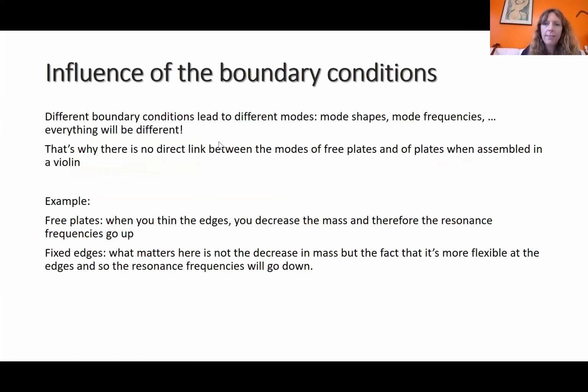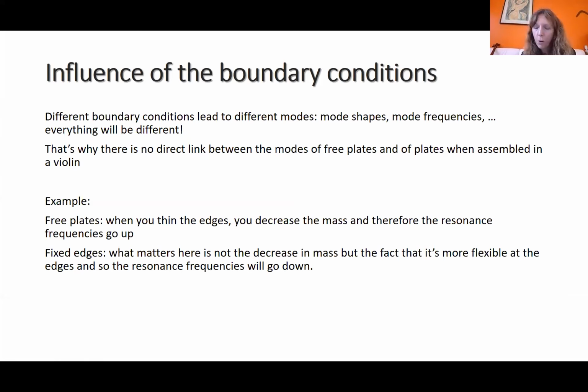So different boundary conditions, as I said, lead to different modes; mode shapes, mode frequencies, everything will be different. And that's why there is no direct link between the modes of free plates and of plates when assembled in a violin. And the only way, basically, is what Colin is doing, which is trying to numerically simulate different wood stiffness.